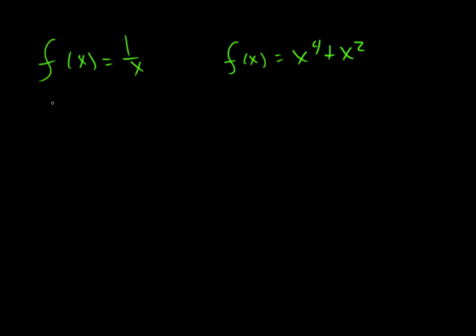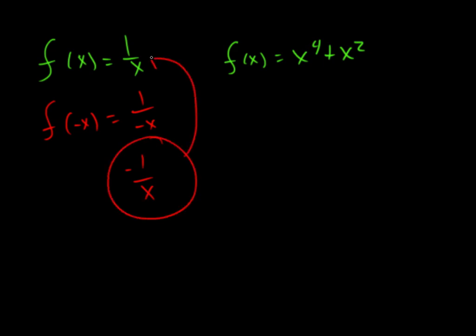What we do is we just plug in a negative value for x, simplify it, and then we compare it to the original. If it looks exactly the same and all the signs change, then we say it's odd, and that's what happened in this case. It's positive, now it's negative, but everything else looks the same, so it's odd.